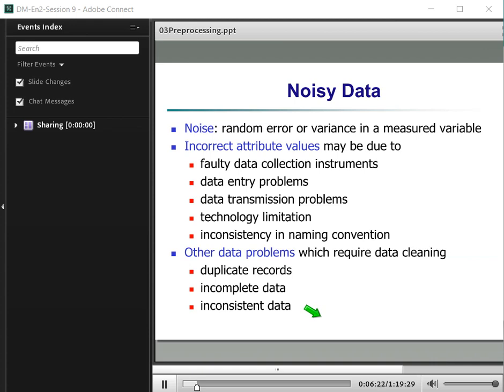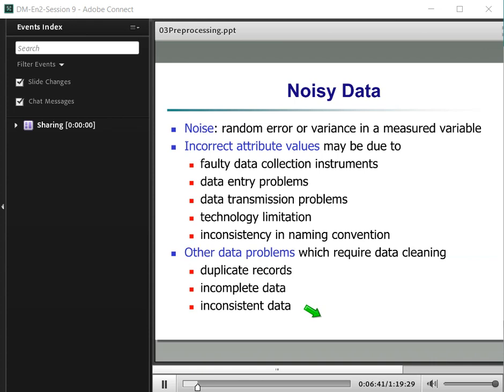Maybe the entering system has some problems, and when a human, for example, enters data, the entered data has some problems.